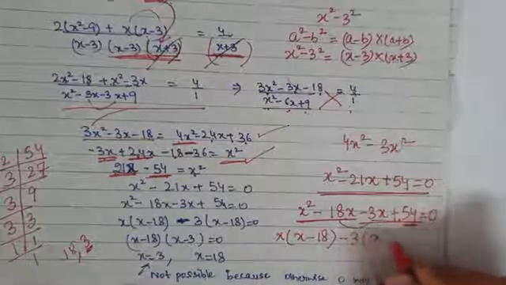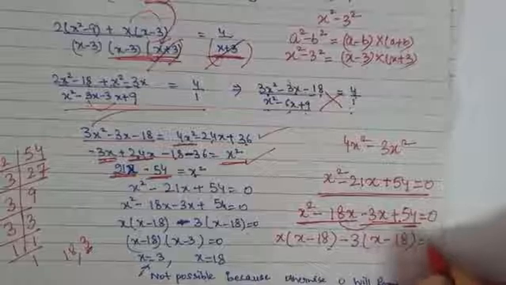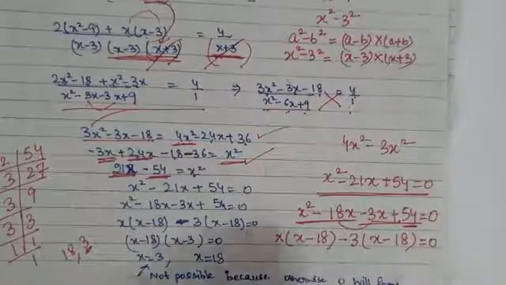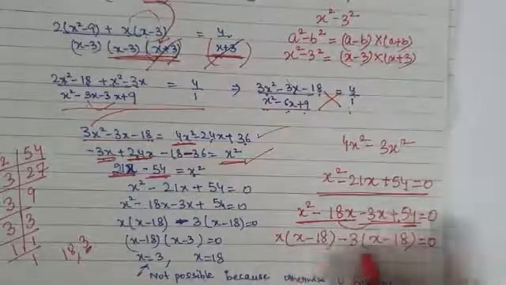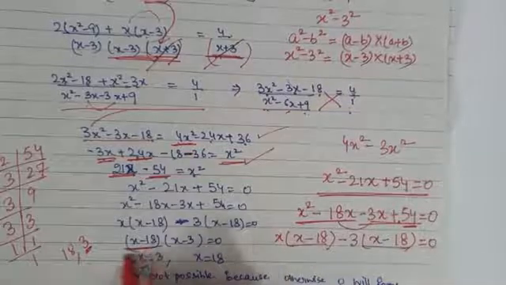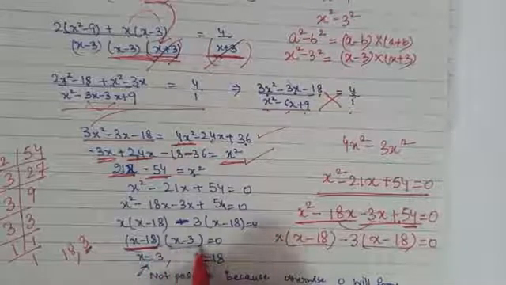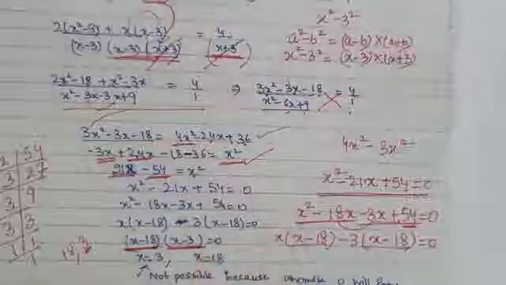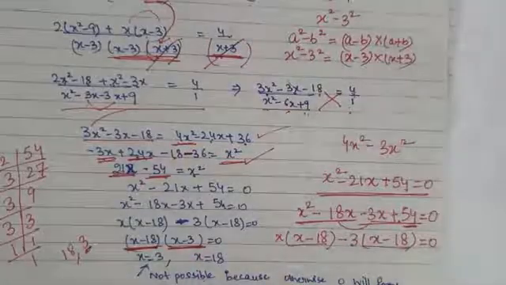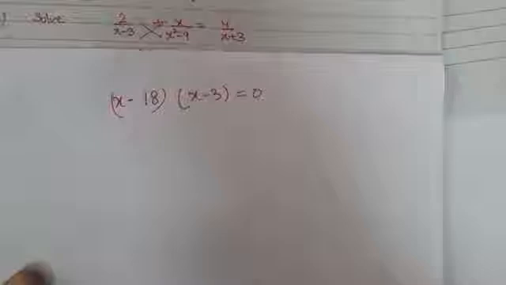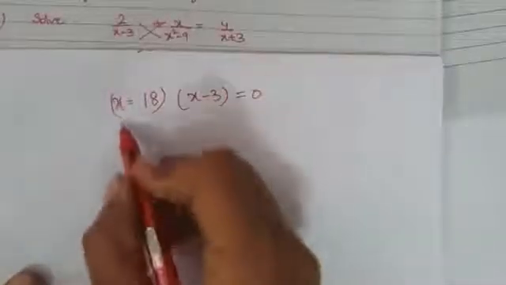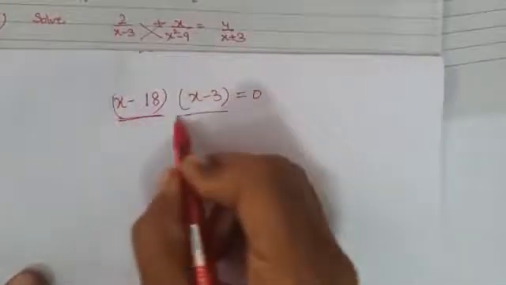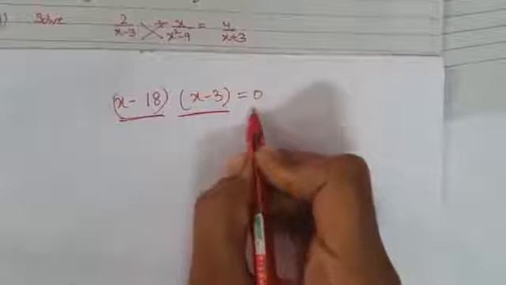So x minus 18 is equals to 0. So take x minus 18 common, I'm left with x minus 3. Now children, this step is very important. We get x minus 18, x minus 3 equals to 0.